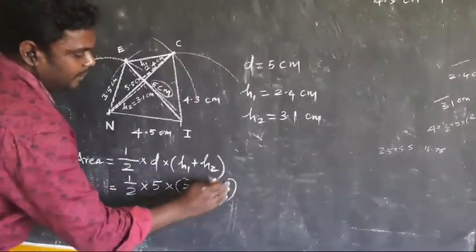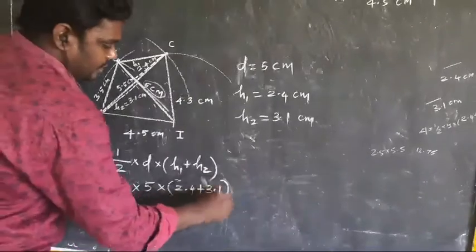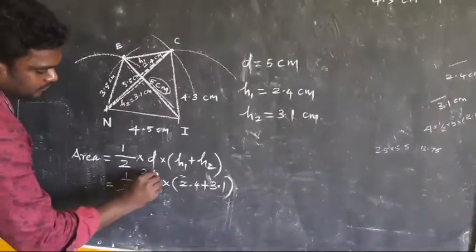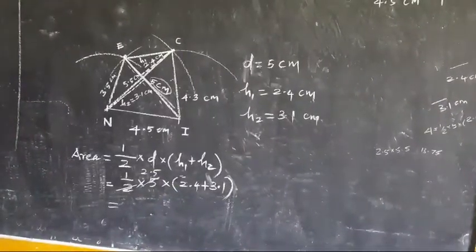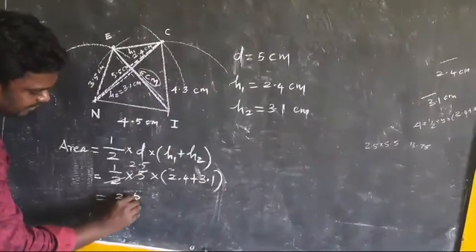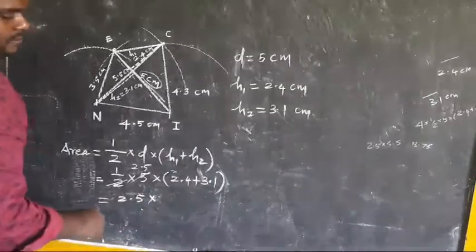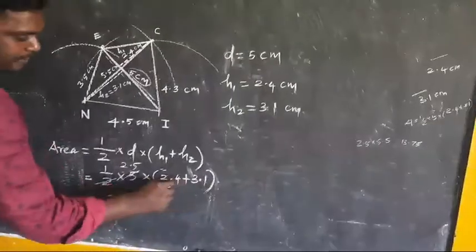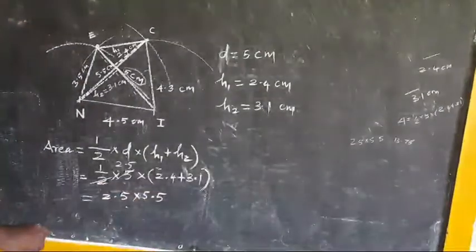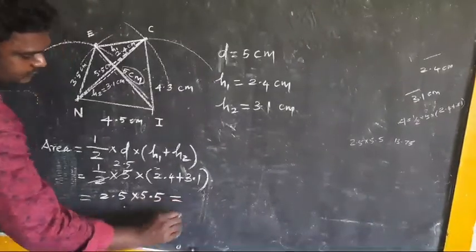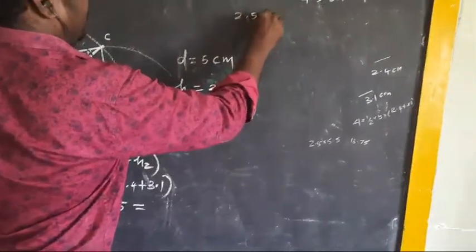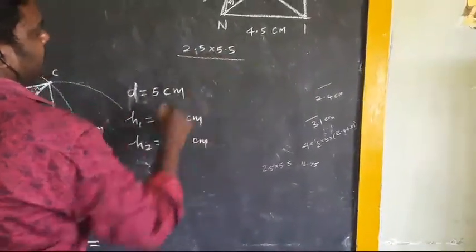Here plus will come, not multiplication. Half of 5 is 2.5. So 2.5 into (2.4 plus 3.1). 1 plus 4 is 5, and 3 plus 2 is 5. So 2.5 into 5.5. Here I use multiplication, 2.5 into 5.5.